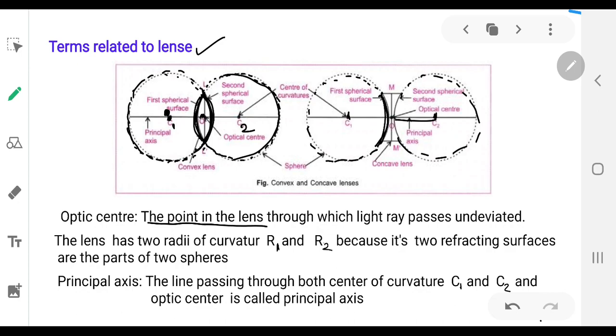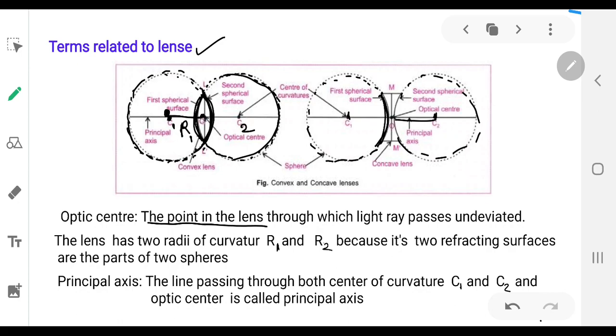Now the distance from the optic center to the center of curvature is called the radius of curvature.